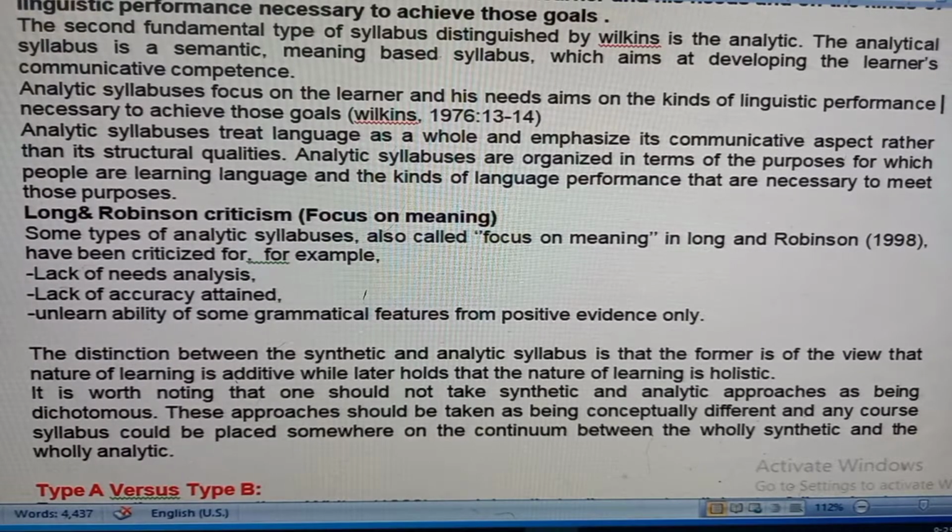The distinction between the synthetic and analytic syllabus is that the former is of the view that the nature of learning is additive, while the latter holds that the nature of learning is holistic.